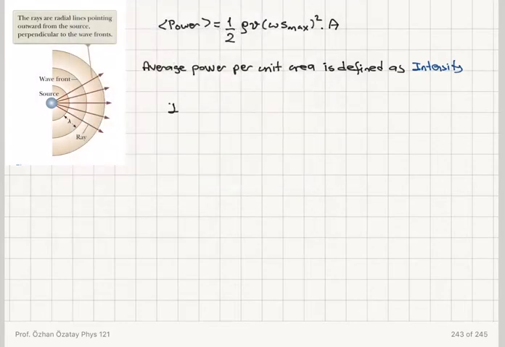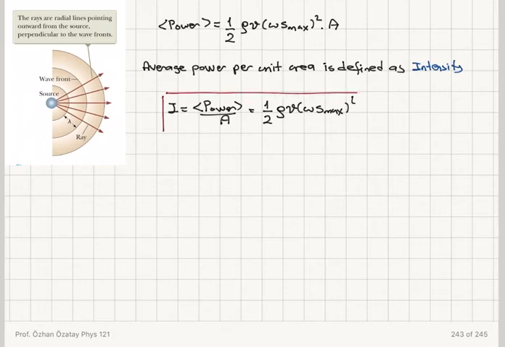So what is intensity? Intensity is the average power per area. So this will be equal to 1/2 rho v omega squared s max squared. So that's one way to describe the intensity.